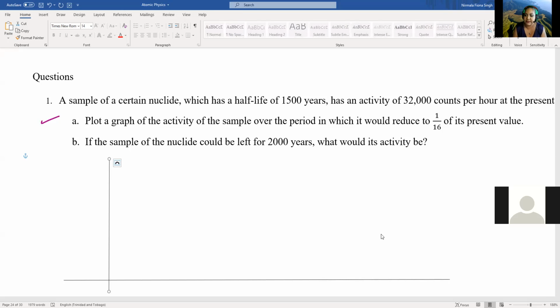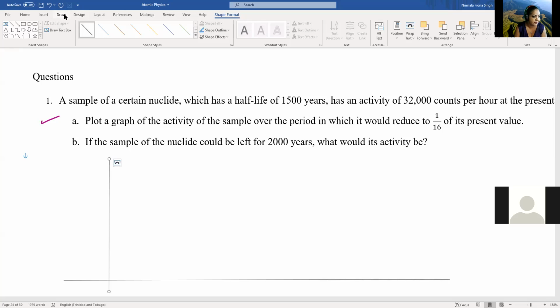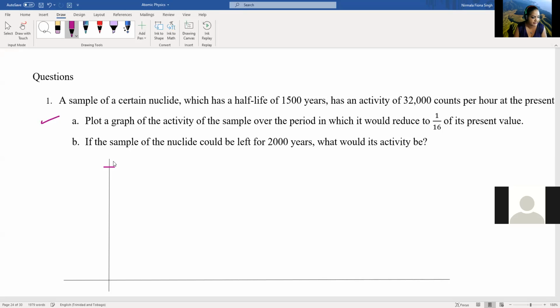We want to go to 1/16 of its original value. If we start with 32,000, it's going to take a half-life of 1,500 years. So what is half of 32,000? Half of 32,000 is 16,000.